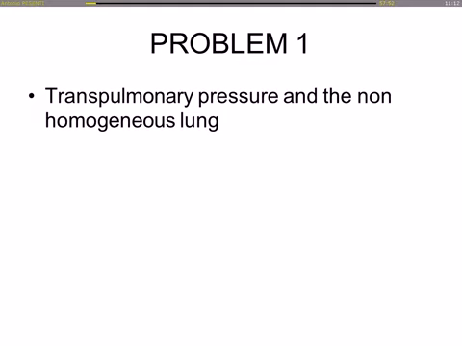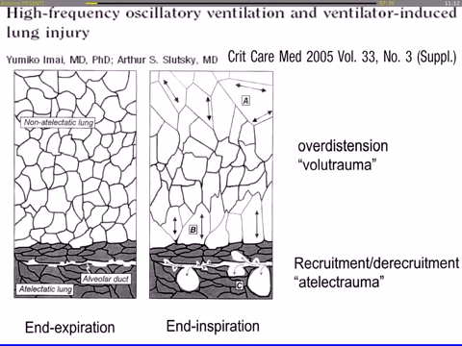And transpulmonary pressure is particularly important as a damaging mechanism in non-homogeneous lungs. We've seen a lot of slides yesterday about non-homogeneous lungs. And this is another one.